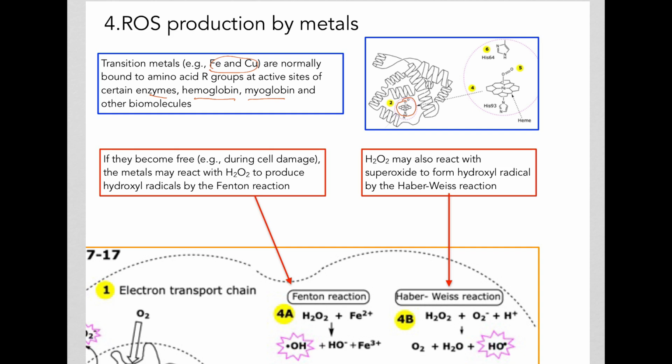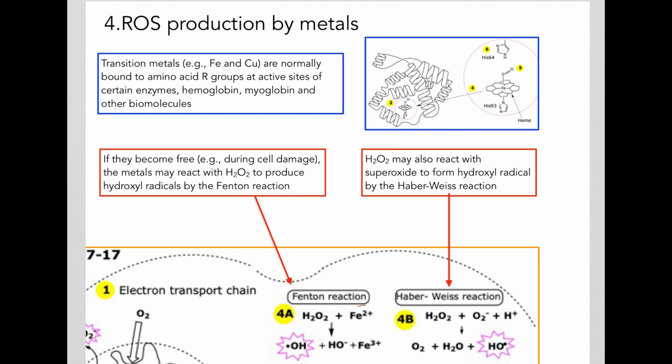So these metals are not free. They are tightly bound to various proteins, and that keeps them safe. However, if they become free, for example, when these proteins break down and the metals are released, these metals can then react with hydrogen peroxide to produce free radicals.